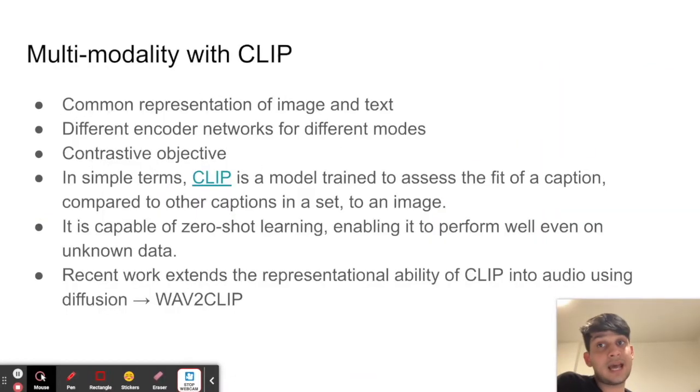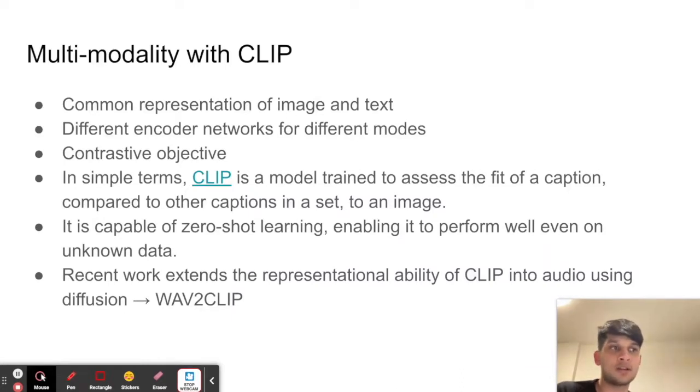All right, multi-modality with CLIP. So learning common representation of image and text using contrastive objective has gained great attention for its versatile usage in text-guided generation and manipulation of image. So CLIP and its variants consist of two separate encoder networks, one for each modality.